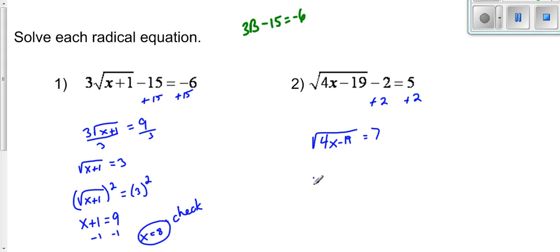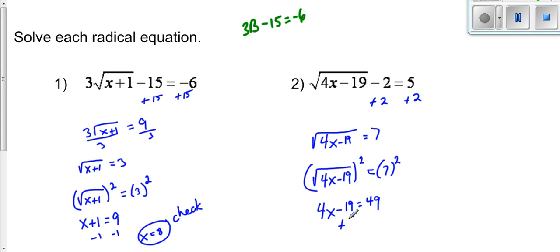The radical is by itself on one side of the equal sign, so it's time to square both sides. Because if two things are equal, their squares are equal. The square root of 4x minus 19 squared is 4x minus 19. 7 squared is 49.